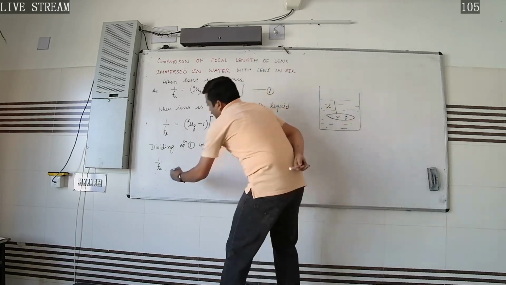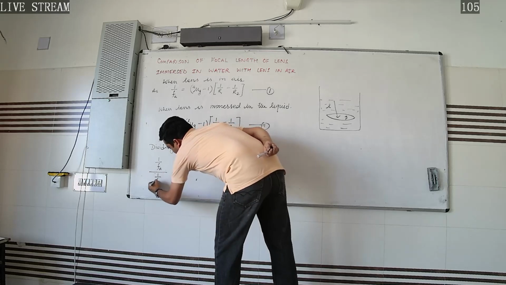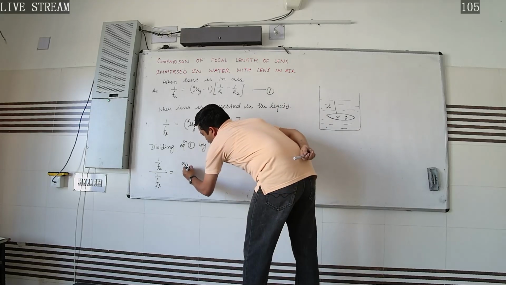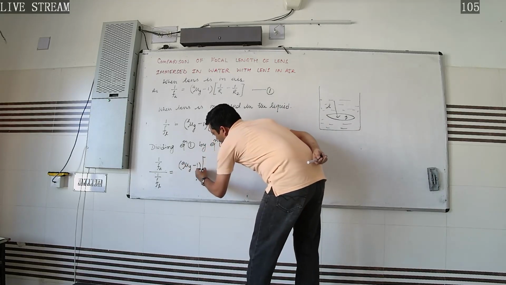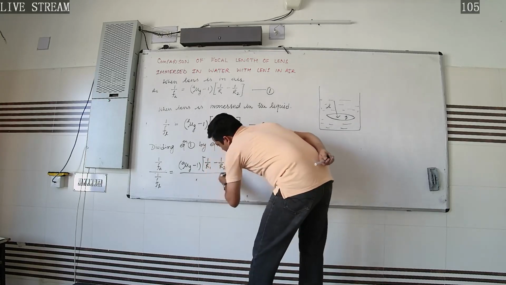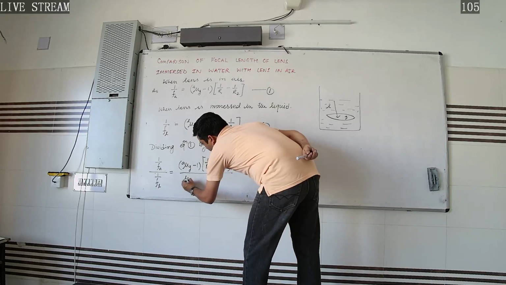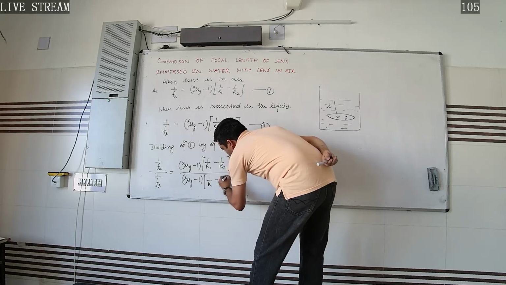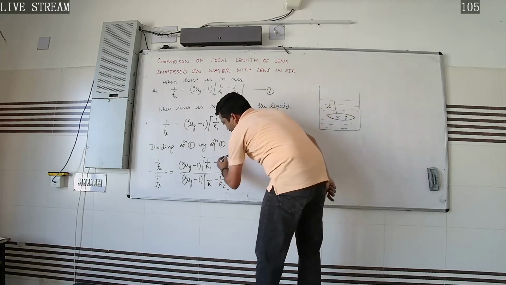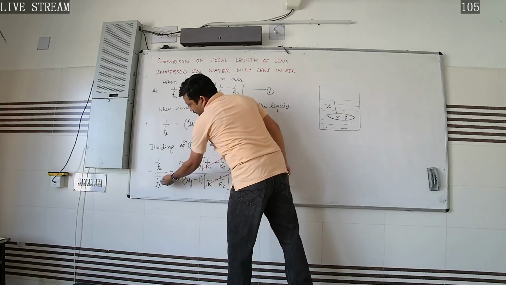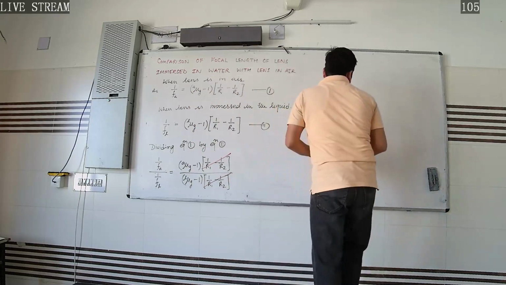So that's why 1 over FA over 1 over FL will be equal to 1 over FA, that is aμG minus 1 into 1 over R1 minus 1 over R2 divided by LμG minus 1 into 1 over R1 minus 1 over R2. So this 1 over R1 minus 1 over R2 will get cancelled out, and on the left hand side, this denominator will become numerator.